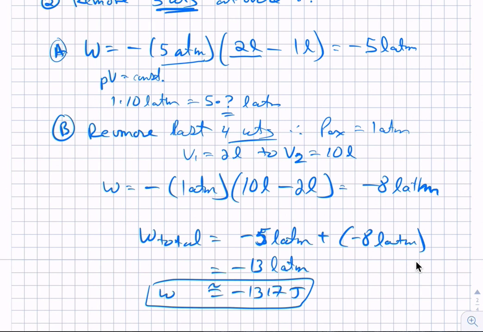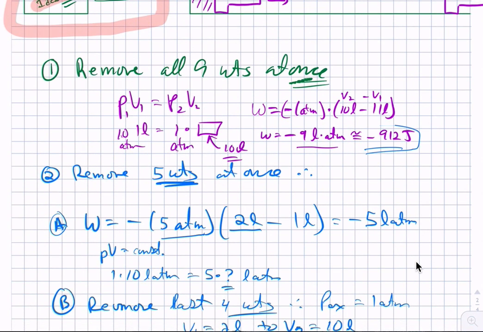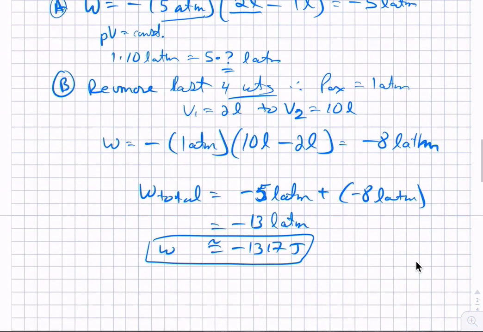How does this compare with what we saw before? There's substantially more energy we're getting out of the system. There's more work that can be done when we've done this in 2 steps instead of 1.